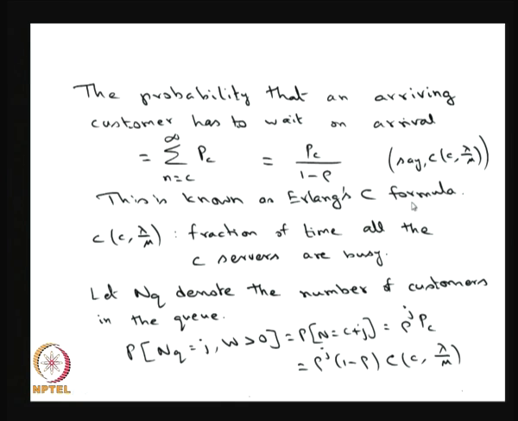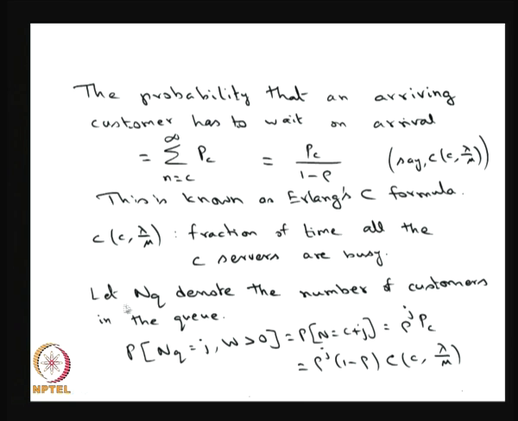This is a very important formula. Using that, you can find the optimal C, such that the probability is minimum. You can find the optimal number of servers needed to have some upper bound on the probability that an arriving customer has to wait. Therefore, the Erlang C formula is very useful in the performance analysis of any system.